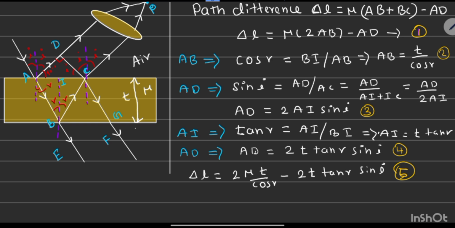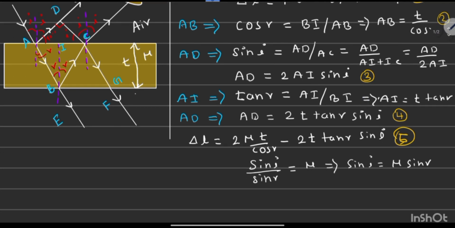Now substitute equations 2, 3, 4 into equation number 1. We get equation number 5, which is 2 mu t. So substitute AB here and AD here: 2 mu t by cos r minus 2t tan r into sin i. Using the law of refraction, we can write sin i by sin r is equal to mu, so sin i is equal to mu times sin r.